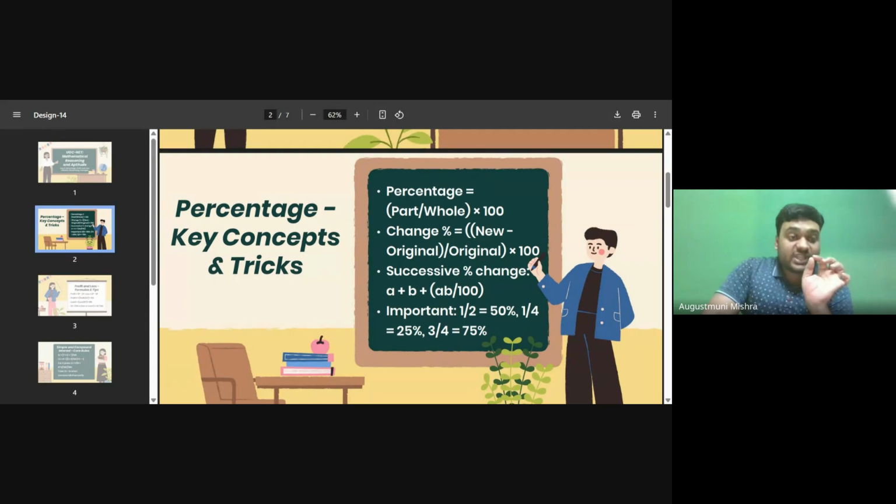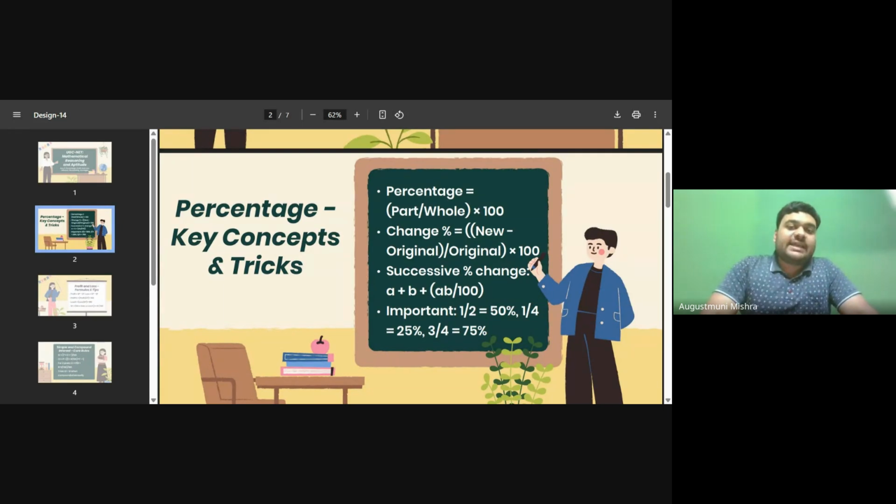I'm just briefing the formulas. You can go through different references for that. Then if there is a successive change, you can use A plus B plus, in brackets, A into B upon 100. In the case like this was the example.